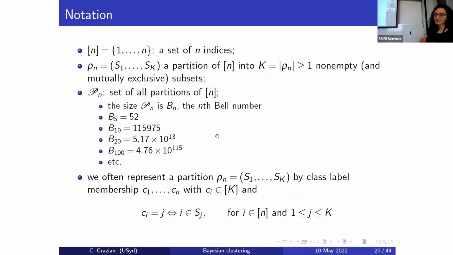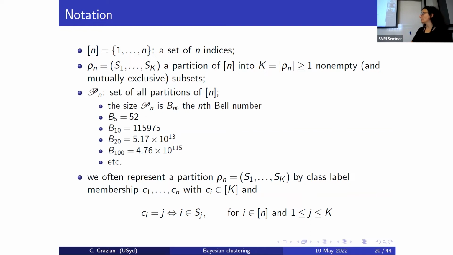I said most of this, but I just want to say that modeling the partition is not easy. One of the reasons for this is that the size of the set of all partitions is particularly big, because it's defined by the nth Bell number, where n is the sample size.